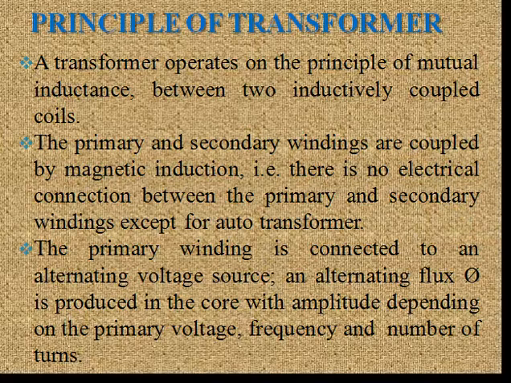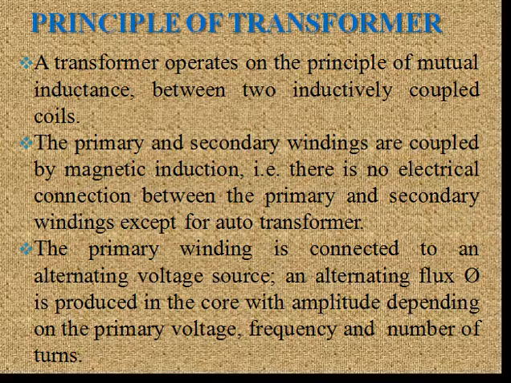That means the primary and secondary windings are not coupled electrically, but are coupled by magnetic induction, that is, there is no electrical connection between the primary and secondary windings except in an auto transformer. In an auto transformer, the primary winding and the secondary winding are connected electrically.